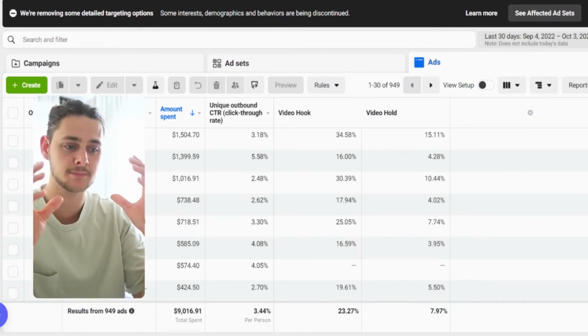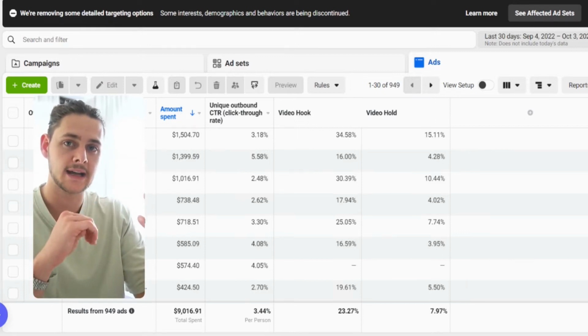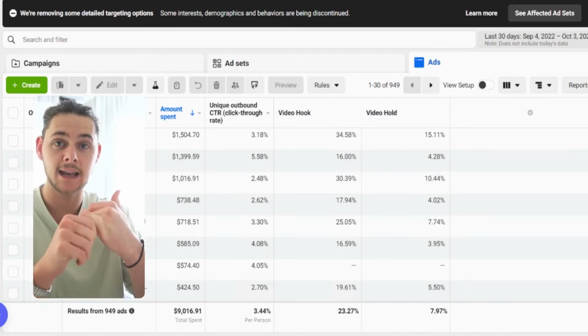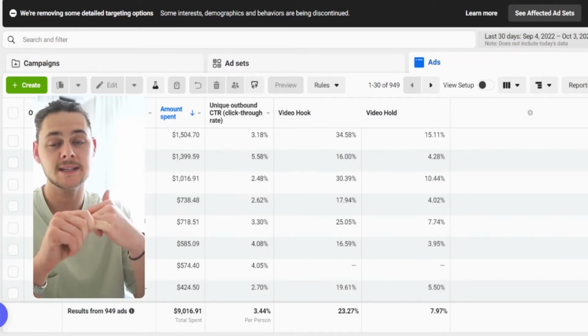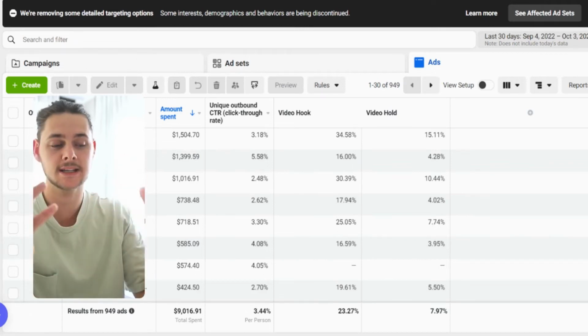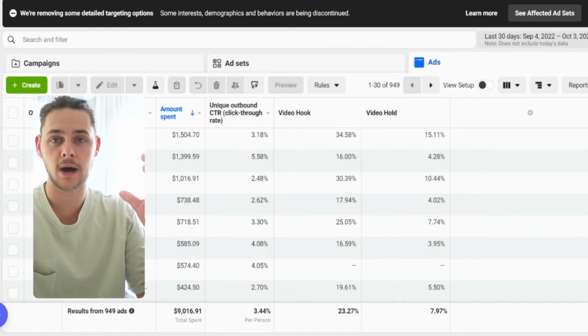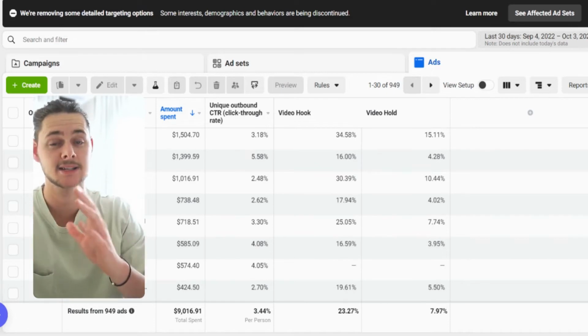In terms of the amount spent, for example, if we have 5 different ads in an ad set, the one with the most spend that Facebook has allocated to it is probably going to be the best creative, just because Facebook is basically saying this creative has got the best interaction. It's the easiest to push out on the platform. And for that reason, that is why we are spending more money on this ad, and that's going to be the one that's easiest to scale.